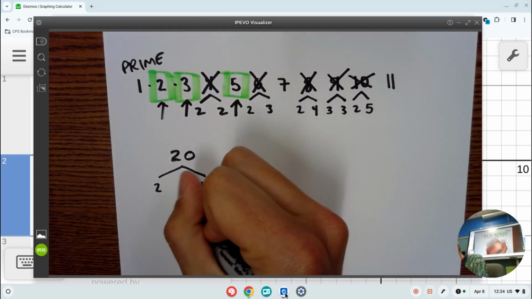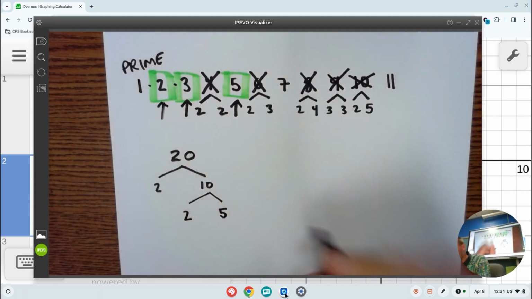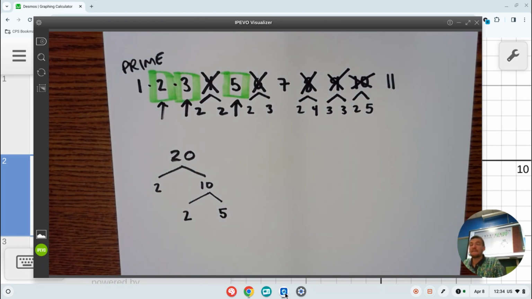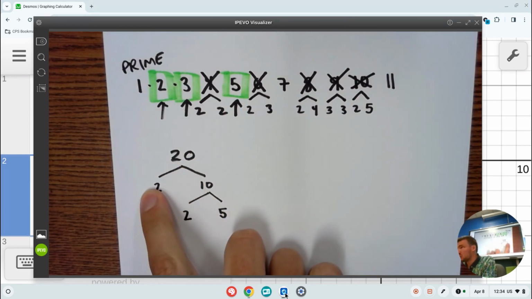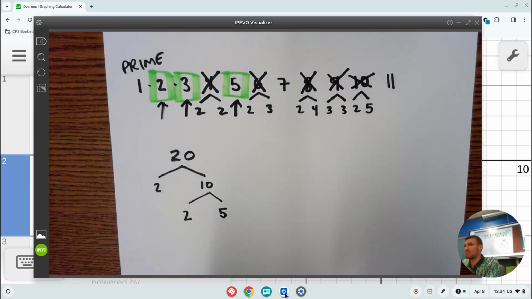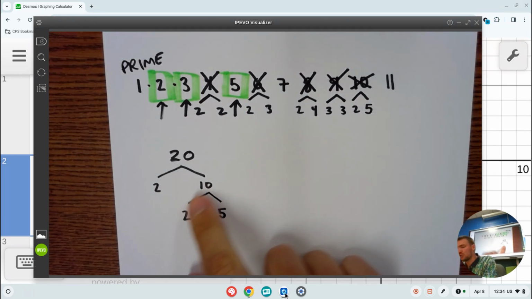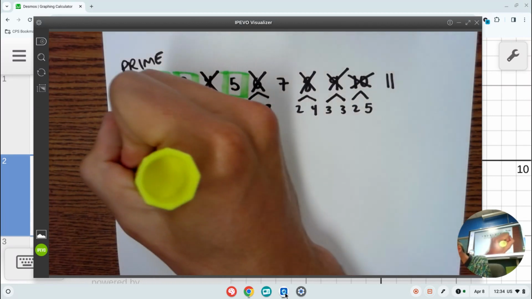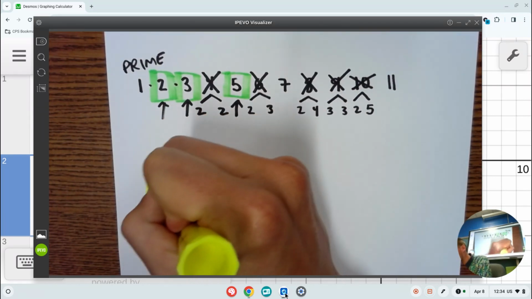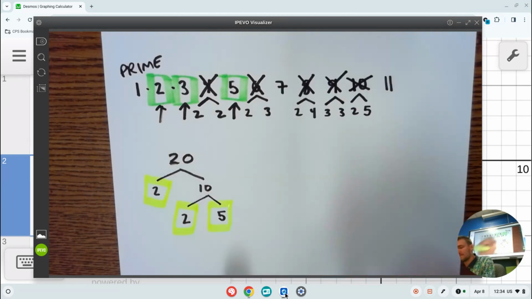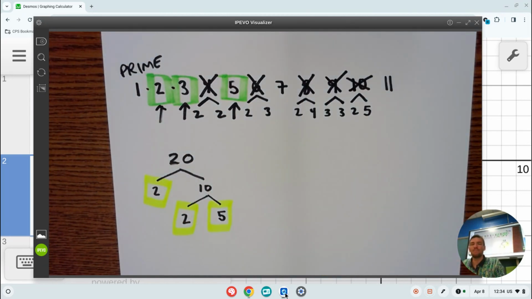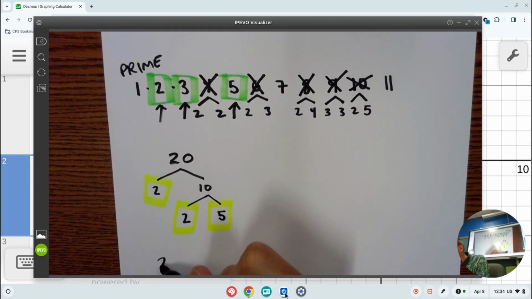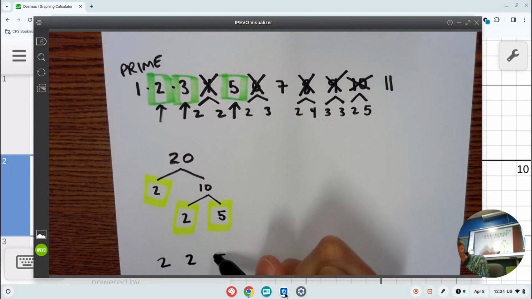So I'm going to put 2 and 5. And now, I've broken this down until I got a 2 and a 10, but then I broke the 10, and I got a 2 and a 5, and at this point, all the numbers at the bottom of my little breakdown are all prime numbers. I have 2 and 2 and 5.